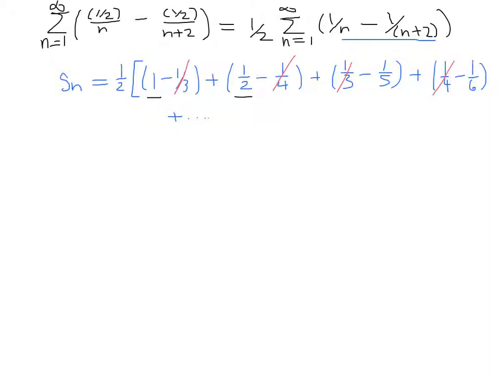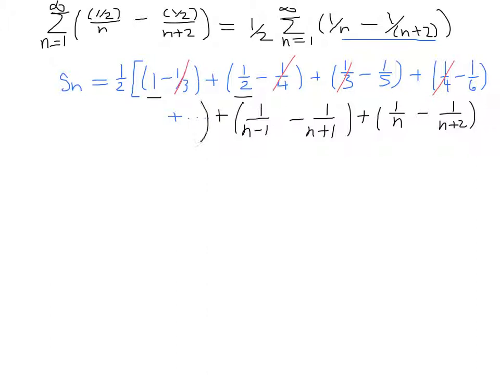Now listing out the last terms, the very last term will be 1 over n minus 1 over n plus 2. The term before that will be 1 over n minus 1 over n plus 1. And if I were to write one term back, I'd have 1 over n minus 1 over n minus 2.